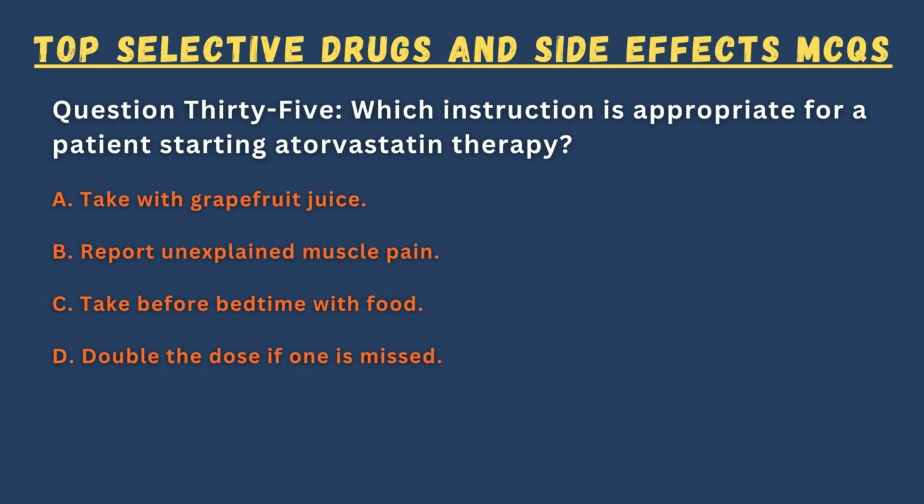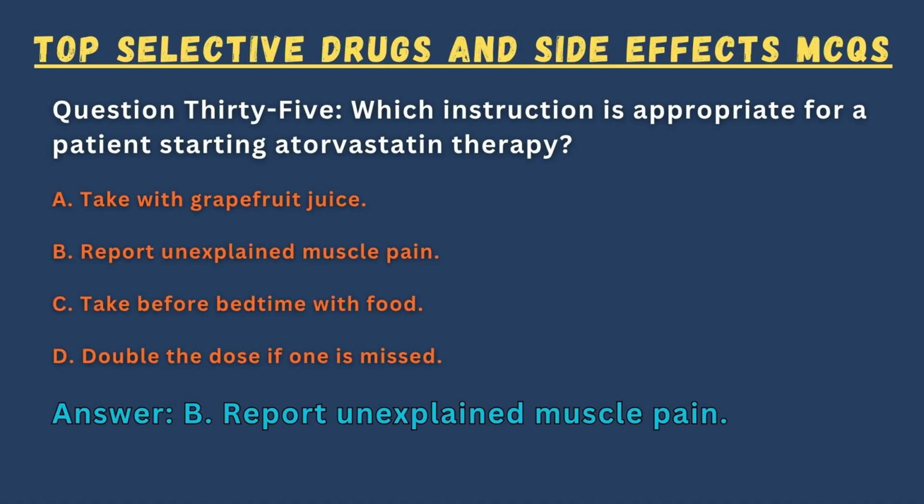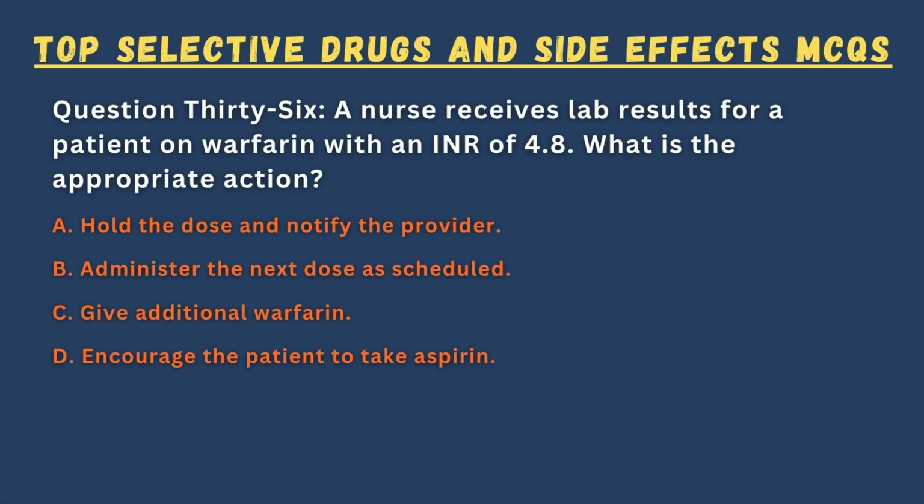Question 35. Which instruction is appropriate for a patient starting atorvastatin therapy? A. Take with grapefruit juice. B. Report unexplained muscle pain. C. Take before bedtime with food. D. Double the dose if one is missed. Answer: B. Report unexplained muscle pain. Question 36.